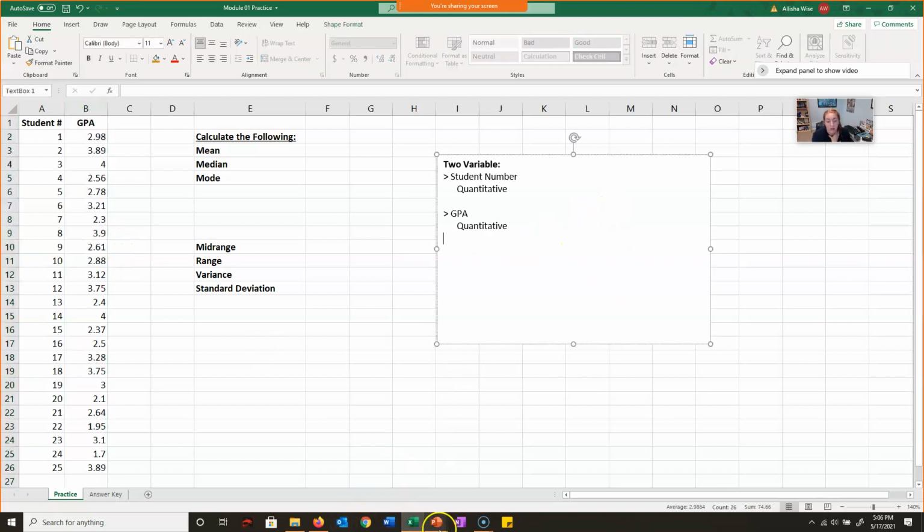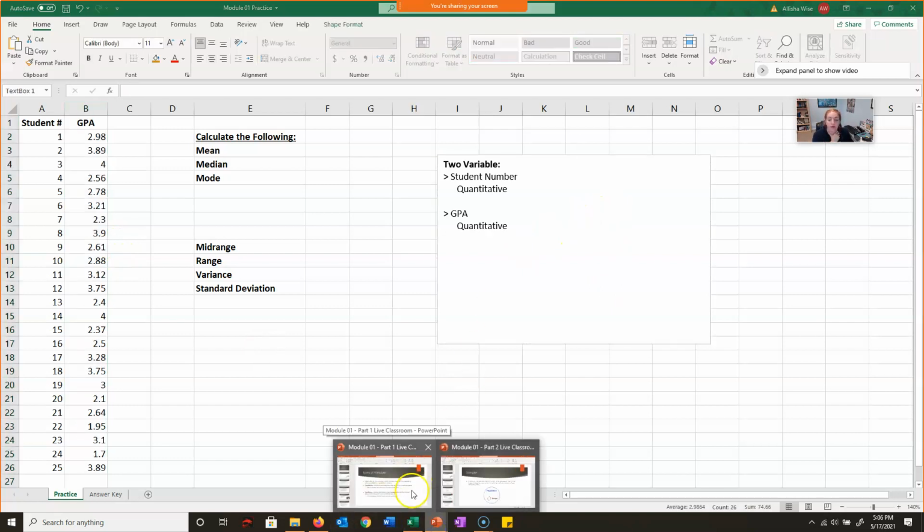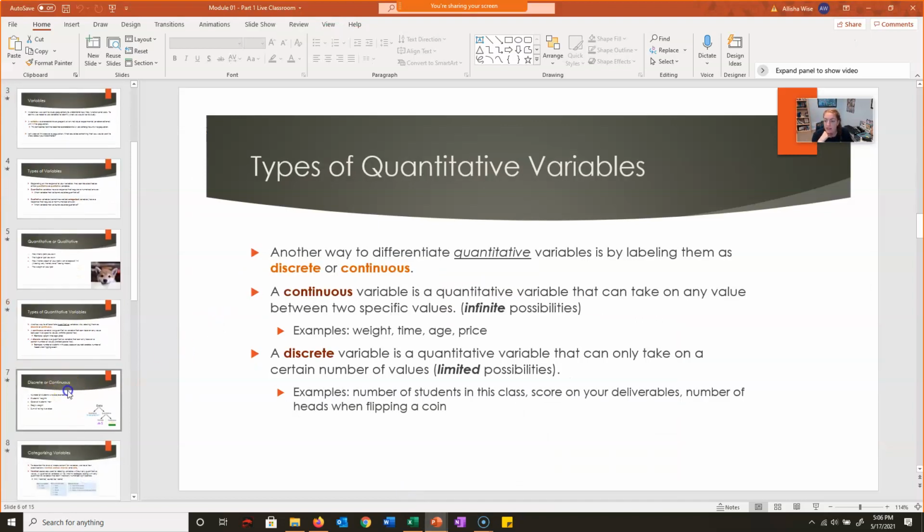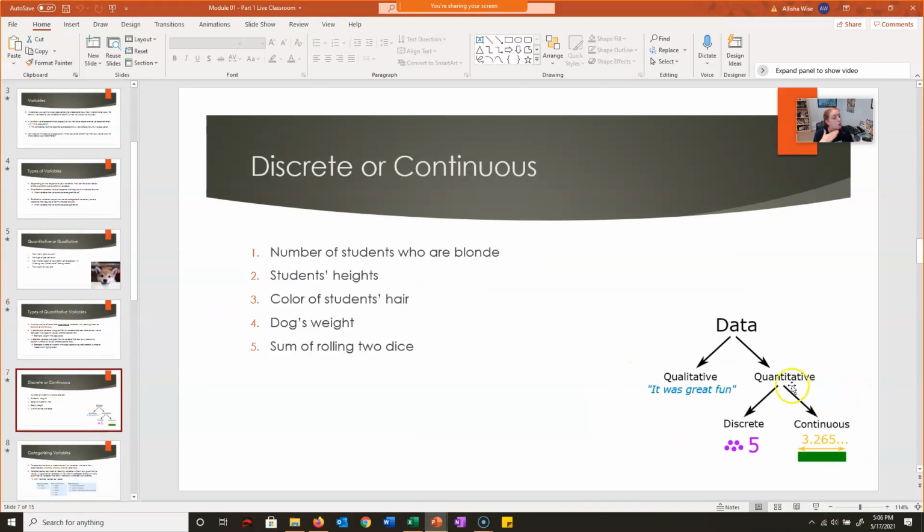Now, another way we categorized our variables was by taking the quantitative variables only. Remember, this doesn't apply to qualitative. Taking the quantitative numbers and breaking them down into discrete and continuous. Now, as a review, discrete values were whole numbers, and continuous had those decimals.